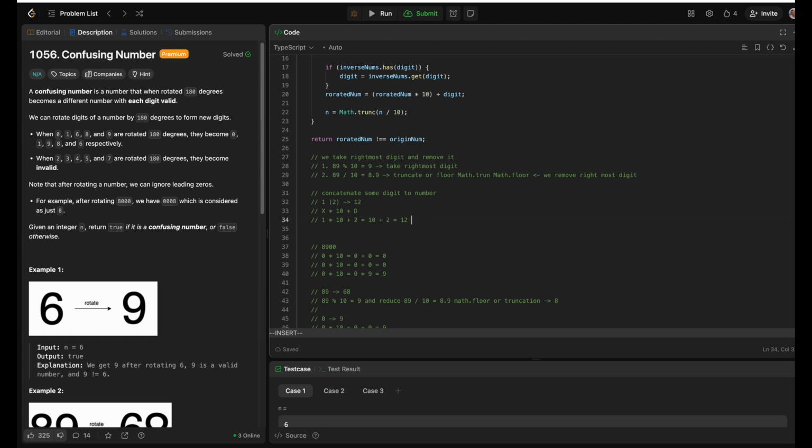And for example, in the next operation we already have 12. Just a reminder, we have 12, and now we have to concatenate 3. What are we doing? 12 multiply 10 plus 3. It means 12 multiply 10 is 120 plus 3. It means 123. So we concatenated it.